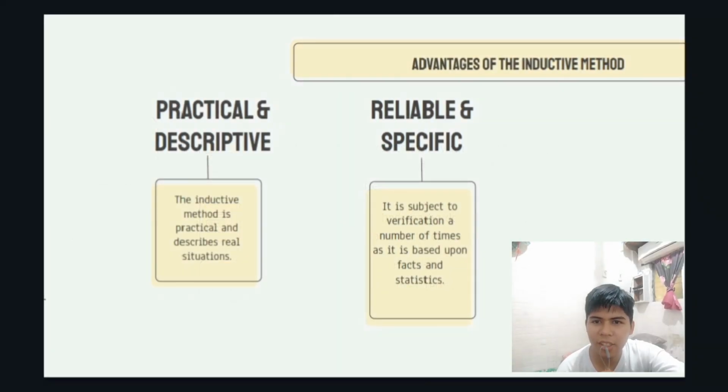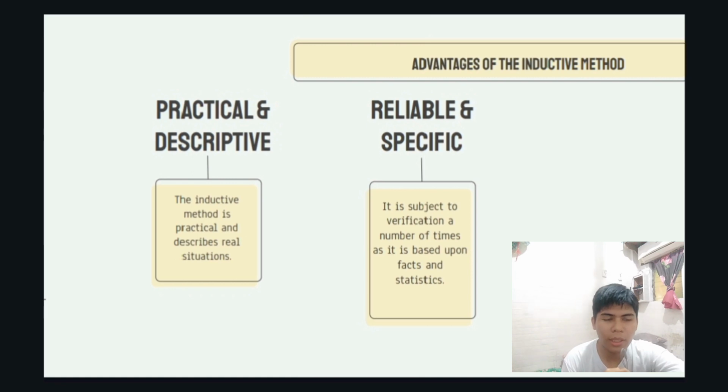Next, the advantages of the inductive method. Practical and descriptive. The inductive method is practical and describes real situations. This method can be directly used in everyday situations. It's easy to use in real life.